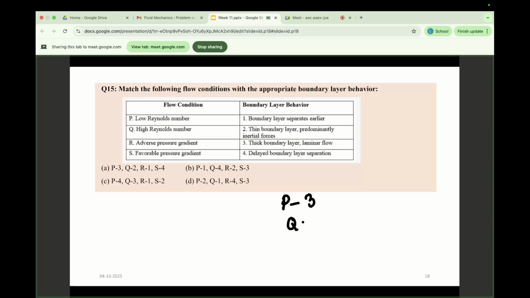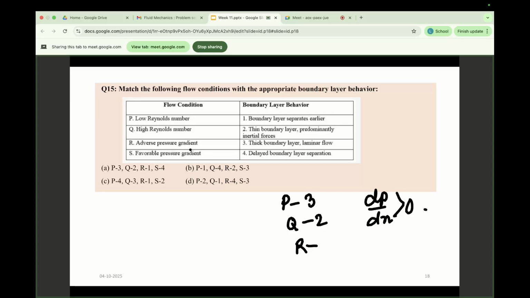Now coming to Q, high Reynolds number, which is equivalent to more inertial force and less viscous force. So that means thin boundary layer. So option 2. And adverse pressure gradient means positive pressure gradient, more pressure gradient. So we know that if del P by del X is greater than 0, flow separation will be there.